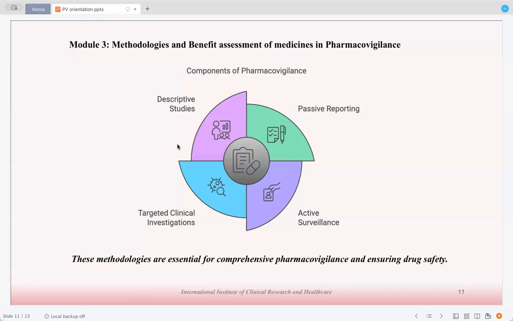So these are the components of pharmacovigilance: passive reporting, active surveillance, targeted clinical investigation, and descriptive study. These methodologies are essential for comprehensive pharmacovigilance and ensuring drug safety.